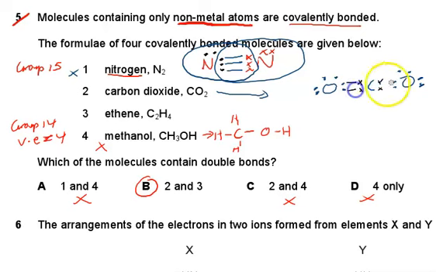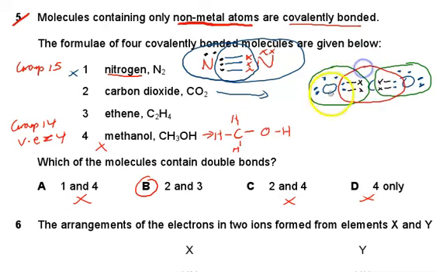They will have a double bond over here. So you'll have 8 electrons for each oxygen, and for the carbon also we will have 8 electrons. So both will share the electrons to reach stability. Yes, they do have a double bond.